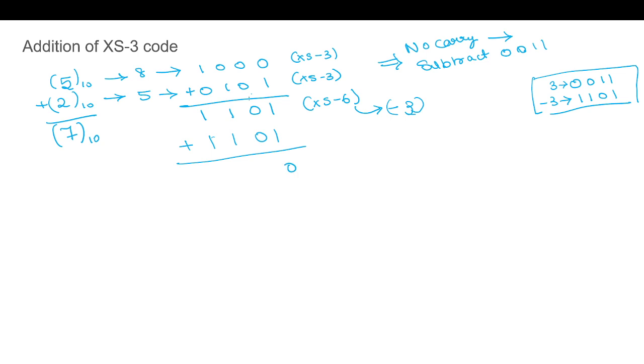So 1 plus 1, and so on, three ones. With the 1's complement, you can drop this carry and this number will be excess 3. The number will be positive, so we can take this.